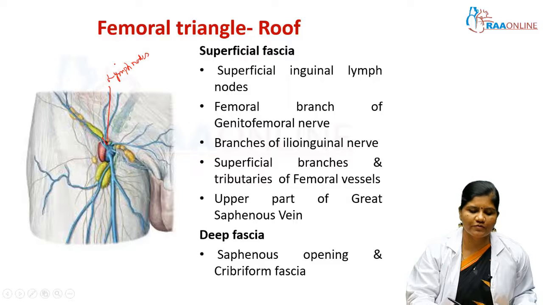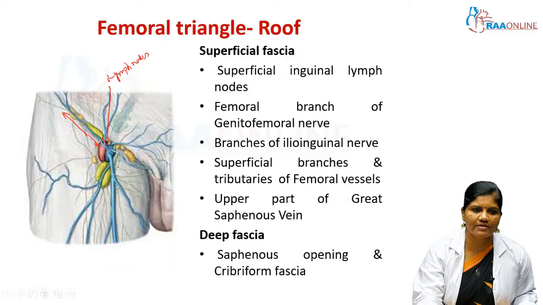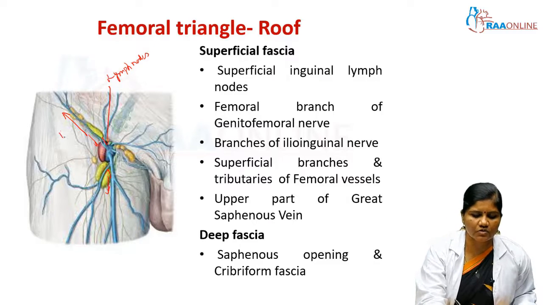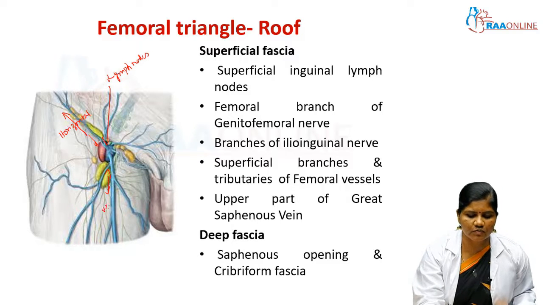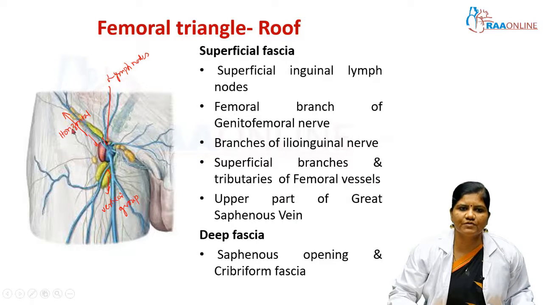The superficial lymph nodes are arranged in a horizontal group just below the inguinal ligament, parallel to it, and a vertical group lateral to the femoral vein. So, in the superficial fascia there is a superficial group of lymph nodes.